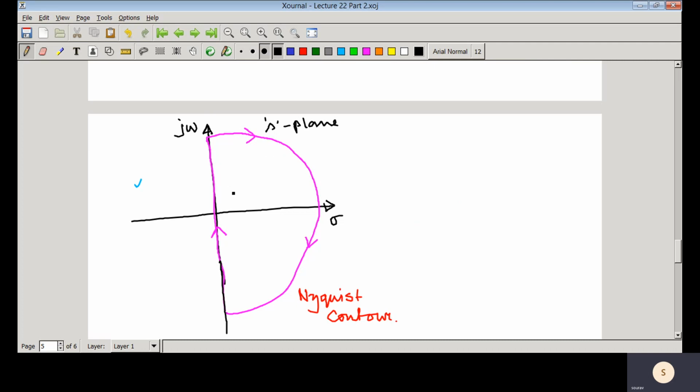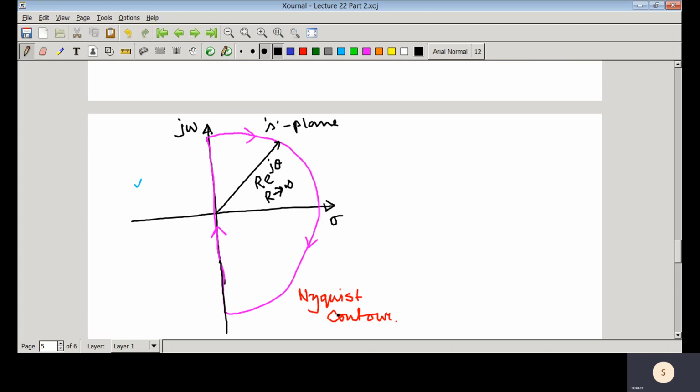Basically, this particular radius is r e to the power j theta if I represent it in the complex plane, and here r is tending to infinity, and theta is varying from plus 90 to 0 to minus 90.